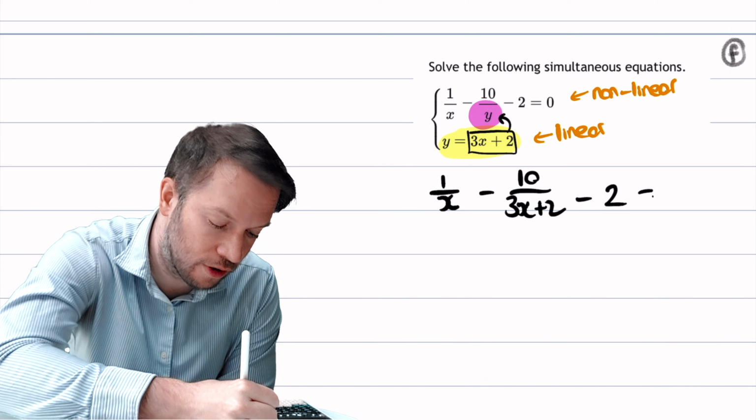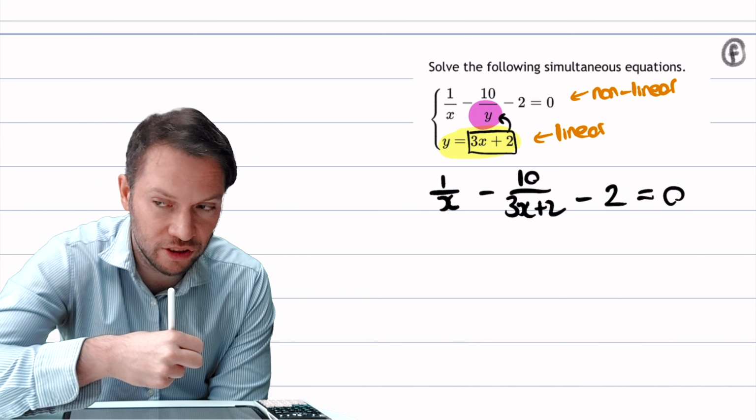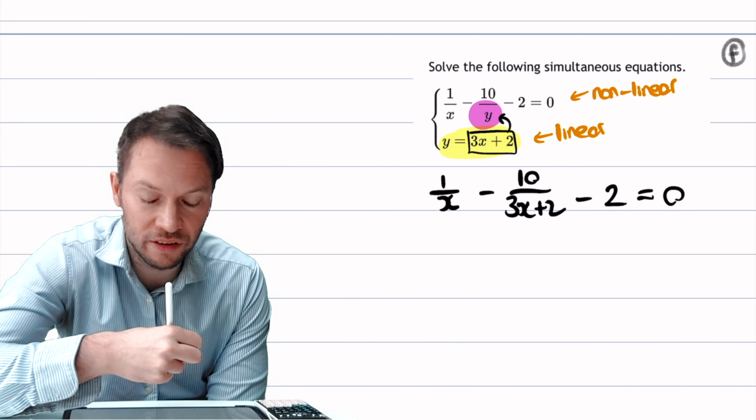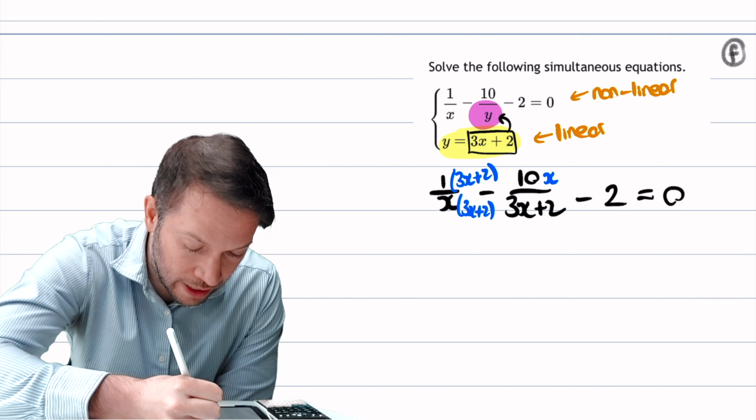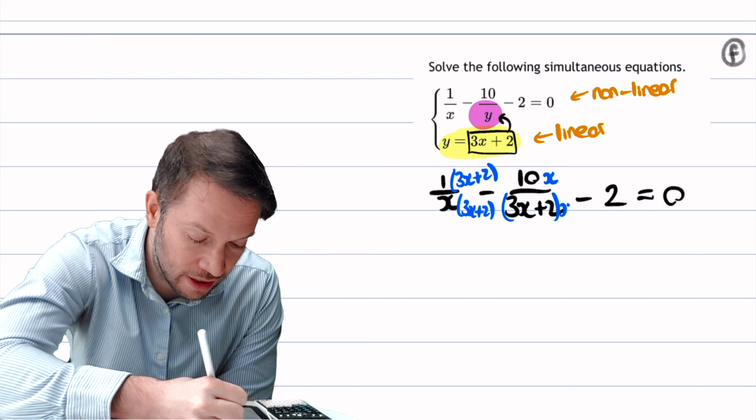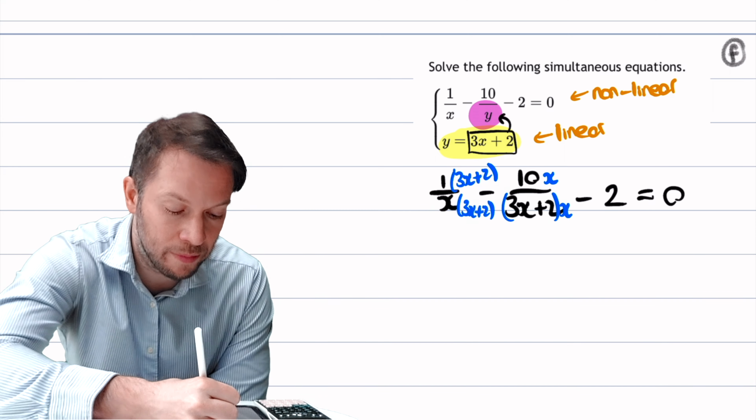Okay, now we've got quite a difficult equation here because we've got algebraic fractions. So one way we can deal with this is to combine these algebraic fractions into one. So we're going to do this subtraction. And remember how we subtract fractions, we need to have a common denominator. So if I was to multiply this first fraction, top and bottom, by 3x plus 2, like that, and multiply this second fraction, top and bottom, by x, you can now see that we have the same denominator.